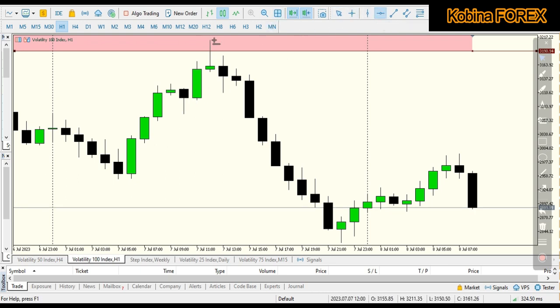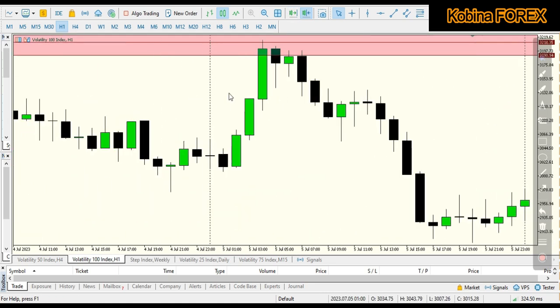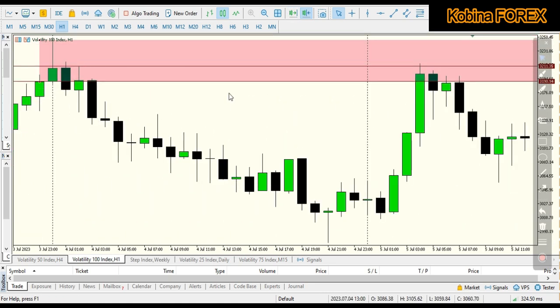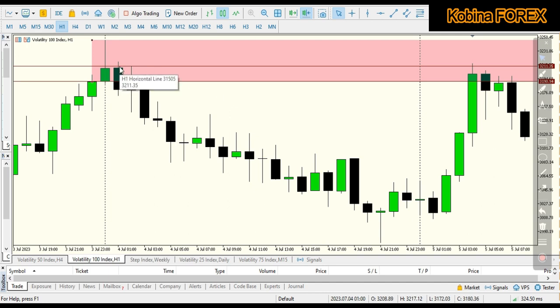Let's put a line here, and then on the 1 hour time frame, beautifully you could see that there was a rejection block also formed nicely on the 1 hour time frame. So look at the body of this block on the 1 hour time frame. This was the rejection block we saw on the 4 hour time frame.